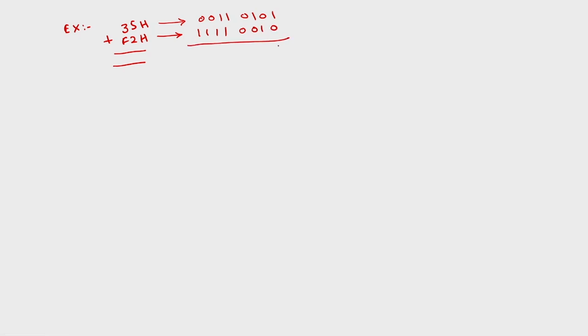So, if I add 1 plus 0 is 1, 0 plus 1 is 1, 1 plus 0 is 1, 0 plus 0 is 0, 1 plus 1 will be 1 carry, sum is 0, 1 plus 1 plus 1 is 1 carry, sum is also 1, 1 plus 1 is 1 0, 1 plus 1 plus 1 is 0 1.